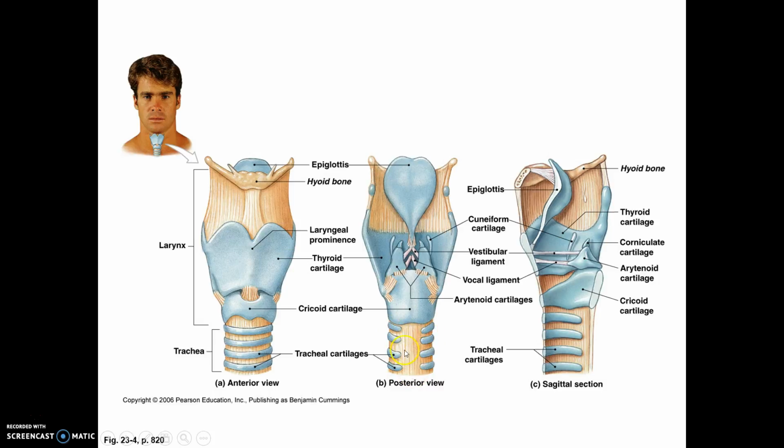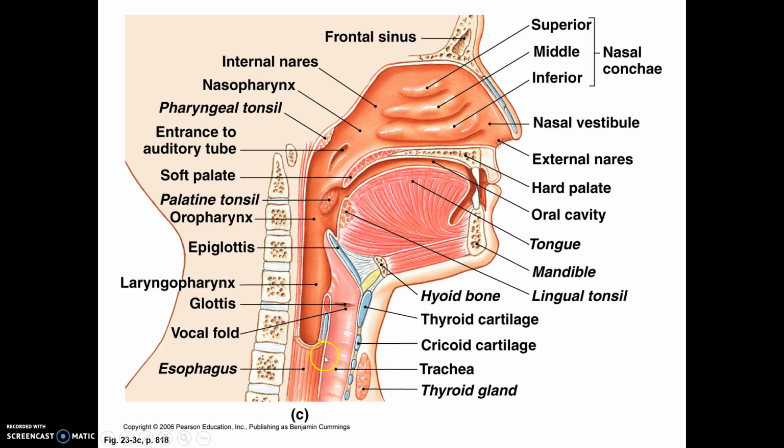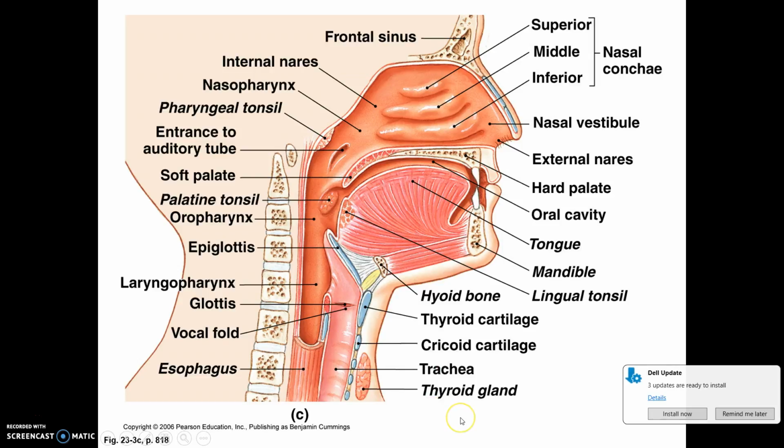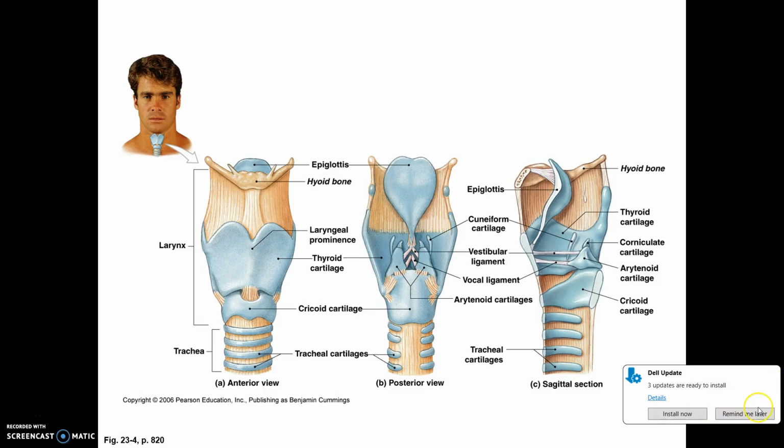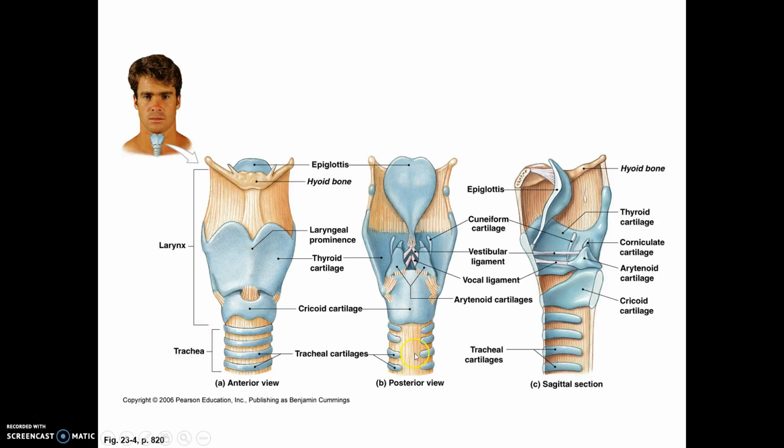One is that it's a little lighter if we don't have cartilage all the way around. It's still strong, it still holds the trachea open, but we have to keep in mind that we also have the esophagus running back here. If that cartilage was all the way around, it could interfere a little bit with food going down the esophagus.